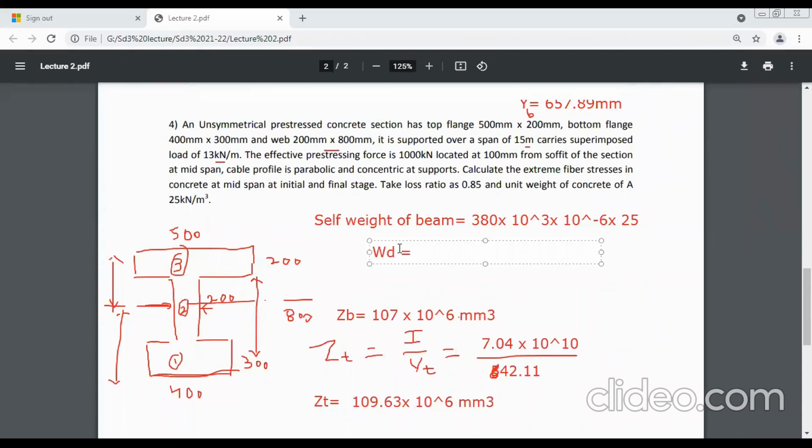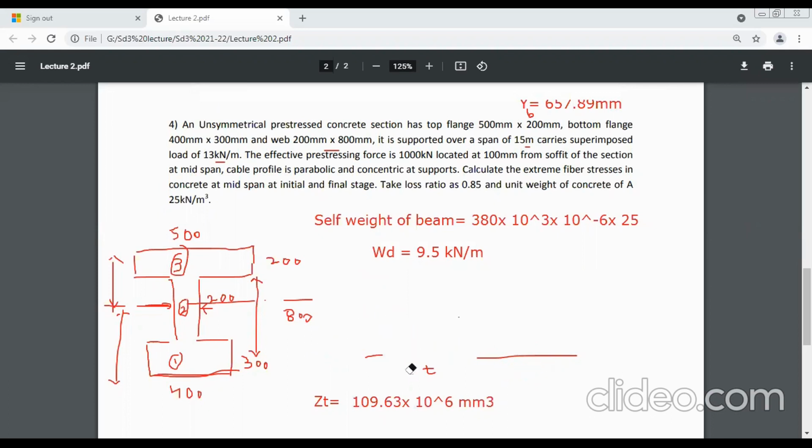9.5 kilonewton per meter. And bending moment due to self weight.